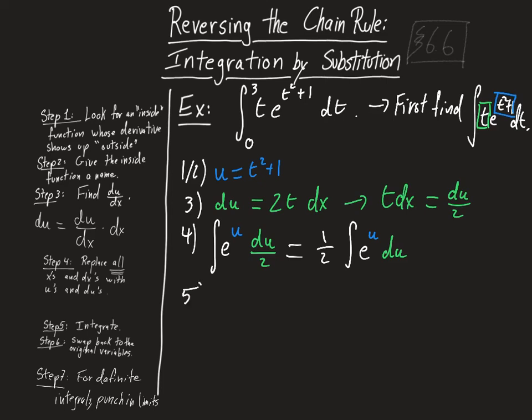Okay, that leads us to step 5. Integrate this. Integral of e to the u is just e to the u. Don't forget the 1/2 in front. And there's a plus c here, but since we are in definite integration, remember the plus c does not matter much for definite integrals. Step number 6. Actually, let me go back and write this u in color.